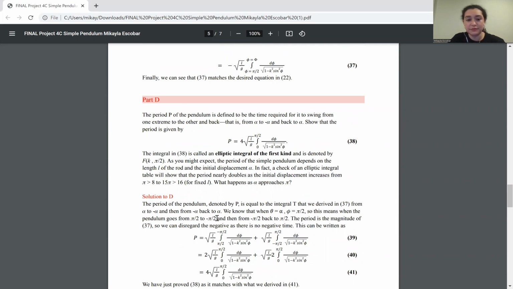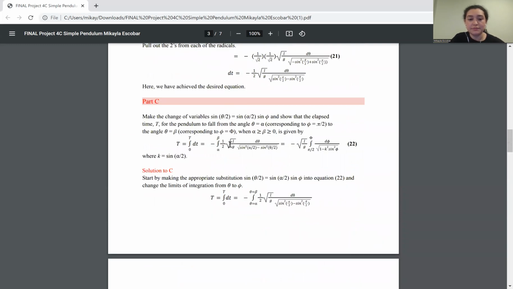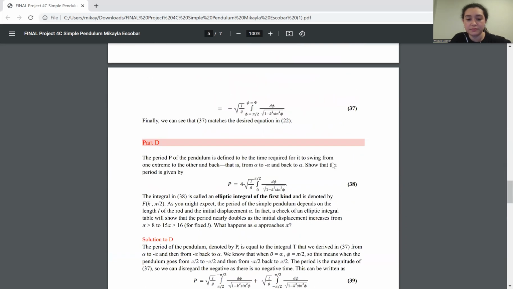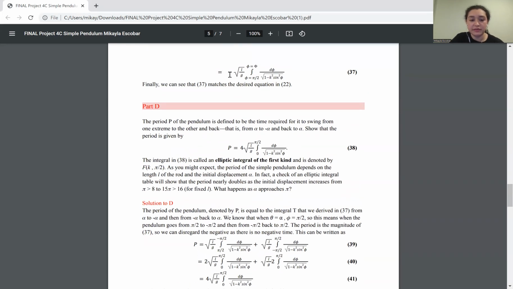But from part C, way up here, where they gave us the change of variables, alpha to negative alpha, and then from negative alpha back to alpha, is basically from pi over 2 to negative pi over 2, and then from negative pi over 2 back to pi over 2. The period is the magnitude of 37, this one right here, so we can disregard this negative sign.